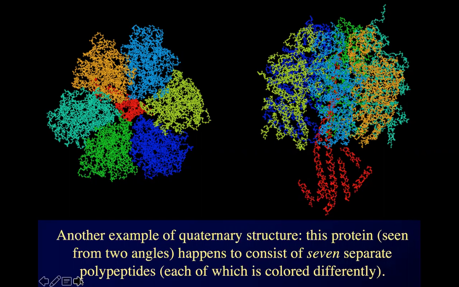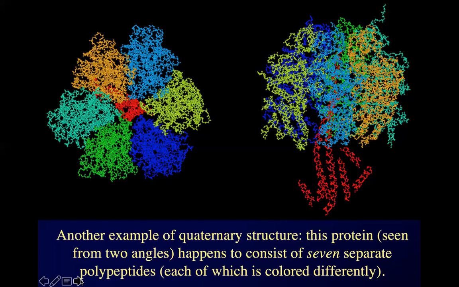And for it to work, it consists of 7 separate polypeptides, and in this case, each one is color-coded. You have 6 that are kind of shaped a little bit like cake slices that make this kind of rounded structure, or I may be dating myself, but it reminds me of Trivial Pursuit game pieces. If any of you have ever heard of that.